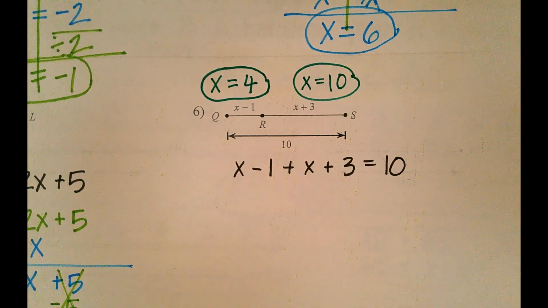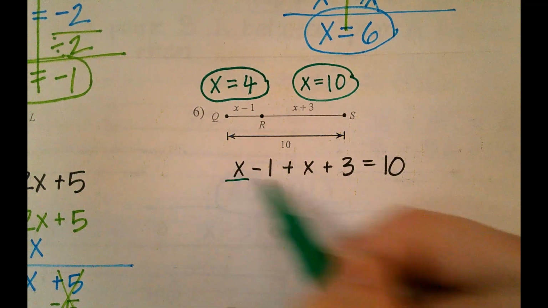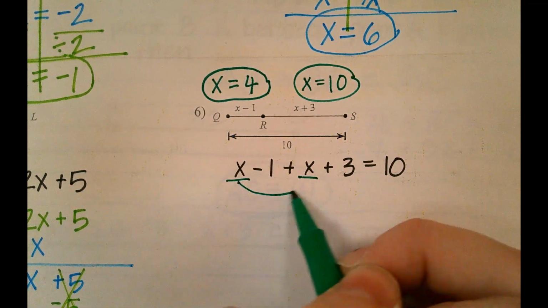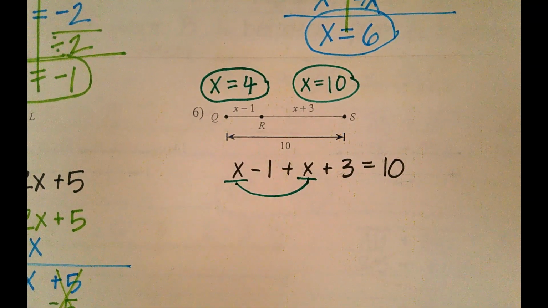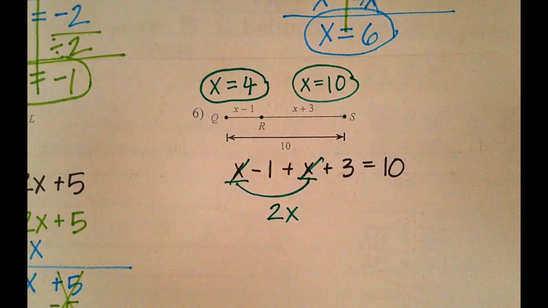You combined like terms, right? So what did you combine? The x's. So x and x. And what did you get when you combined them? 2x, that's correct. Okay, then what?